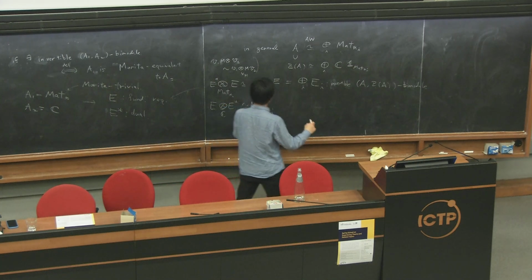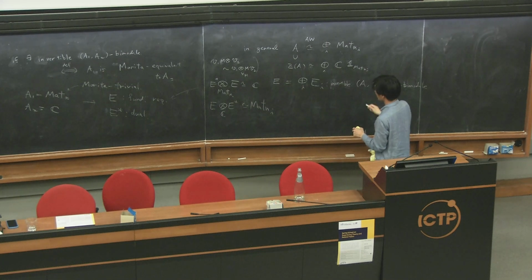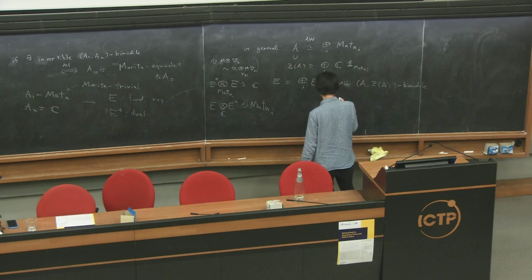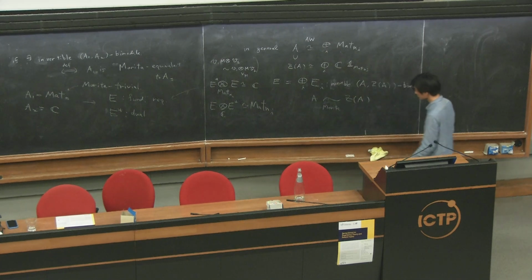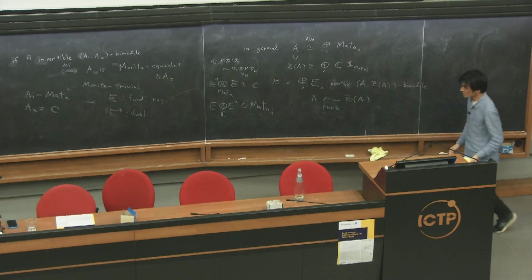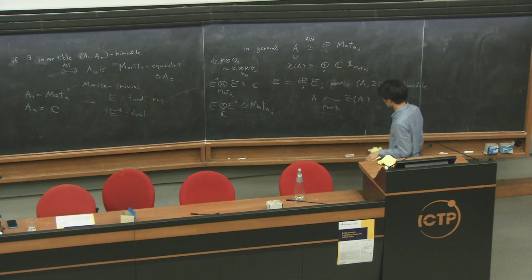So I was saying that for any semi-simple algebra, A and ZA are Morita equivalent, and the long-range physics is the same.